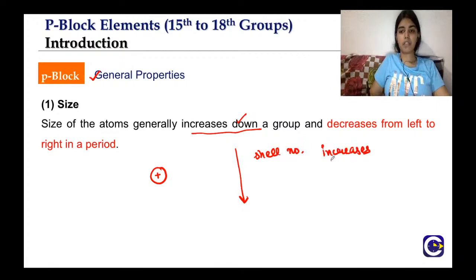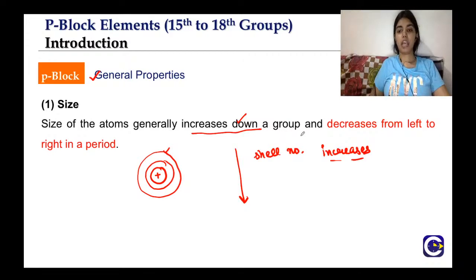Like an onion bulb, as the layers increase, its size increases. Similarly here, shells are added as we go down the group, and therefore the size of atoms increases.